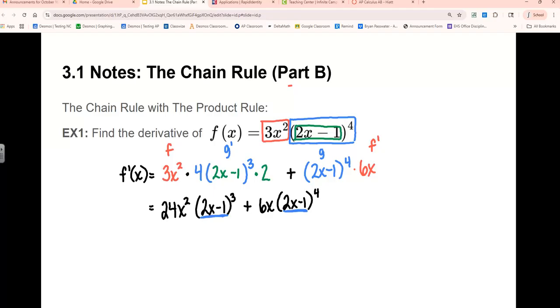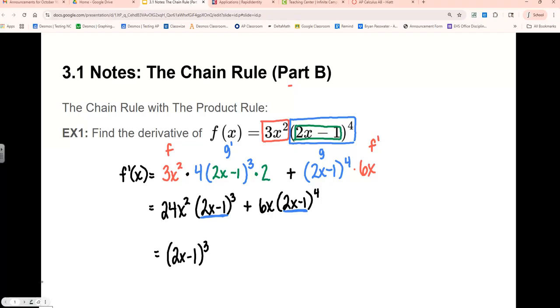Okay, I can take the lowest exponent. So there are 3 of these here. There's 4 of them here, so I could take out 3. So I'm going to have out front 2x minus 1 to the 3rd power.